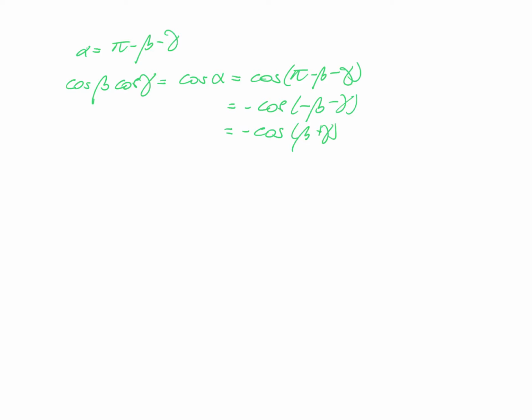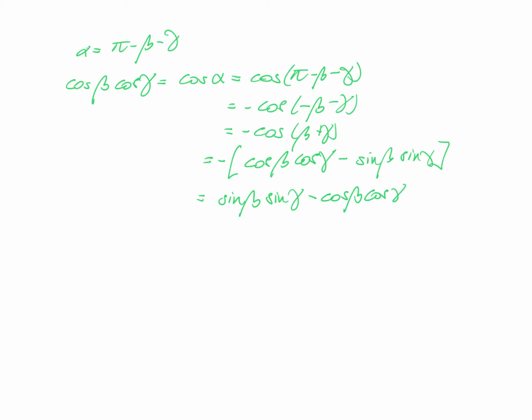And then we just apply the formula. So cosine beta plus gamma, this is cosine beta times cosine of gamma minus sine of beta times sine of gamma. Or when we take in the minus sign, this is sine of beta sine of gamma minus cosine beta cosine gamma.